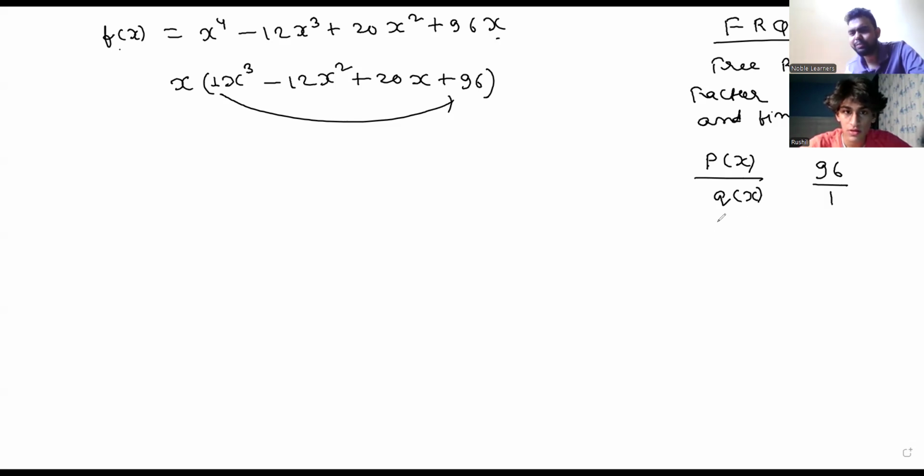As per my experience, whenever I have done this question, go maximum up to 3. Take minus 1, plus 1, plus 2, minus 2, plus 3, minus 3, maximum plus 4, minus 4. It will always work, 100%. It's my experience. There is never a question where I have seen the factors above that working. Or basically 48 would work.